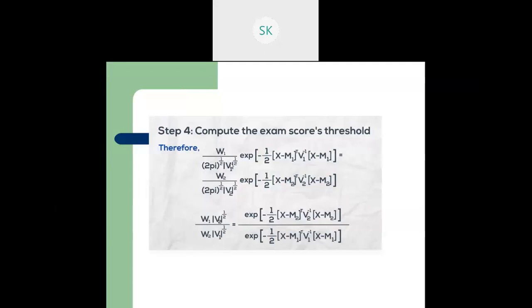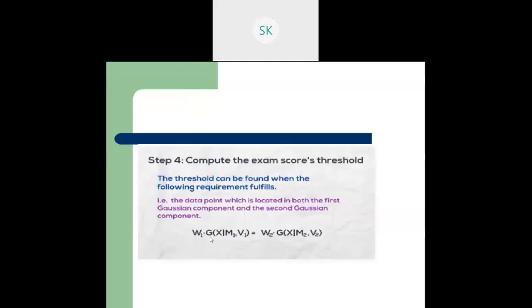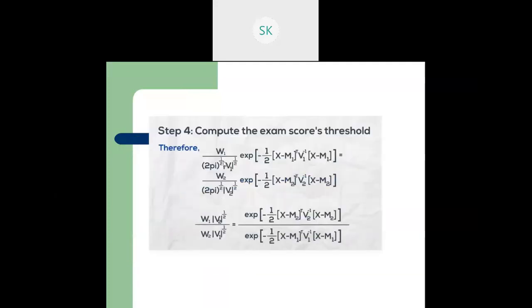To compute the exam score threshold, the equations for that. W1 dot g of x, m1, v1, that is the left-hand side we will see now. That will be this W1 of 2 pi v1, 1 by 2 exponential of this minus 1 by 2 x minus m1, that is the matrix form of this equation, is equal to the same with respect to W2.